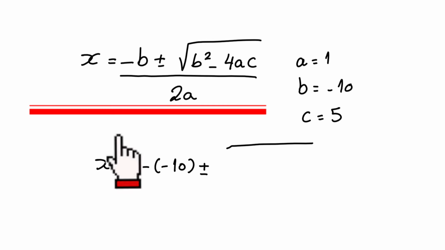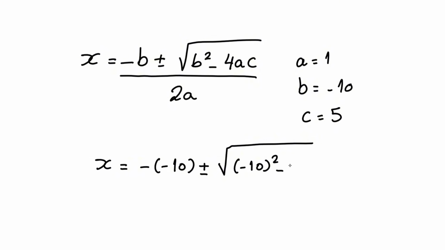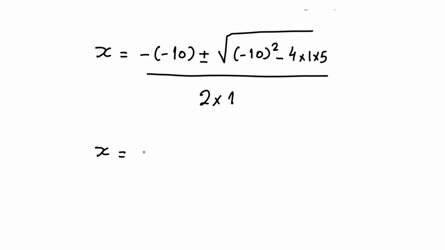Substituting the values gives us x equals 10, plus or minus the square root of 100 minus 20, all divided by 2. That becomes x equals 10, plus or minus the square root of 80, divided by 2.